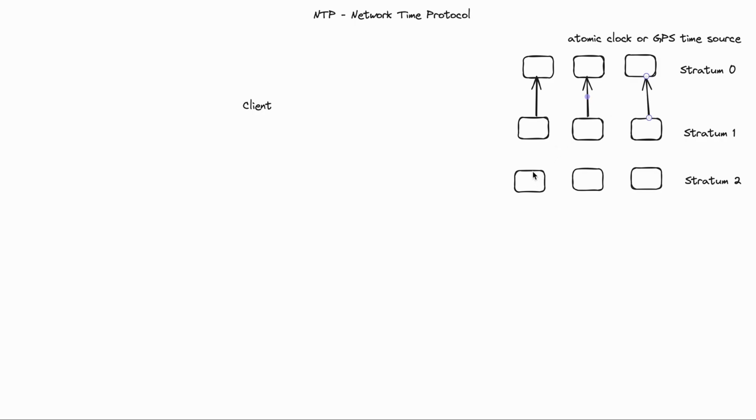The same goes for the other one, which will get the time from this machine. Or it may contact any machine in stratum 1 based on the shortest path. It can calculate the path between the machines located in stratum 1 and stratum 2. Then it can contact any machine, and finally it will get the most updated time.